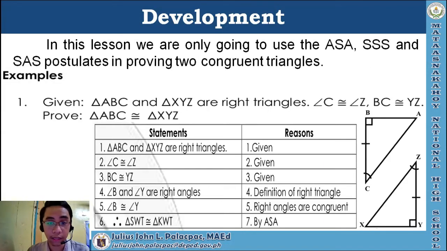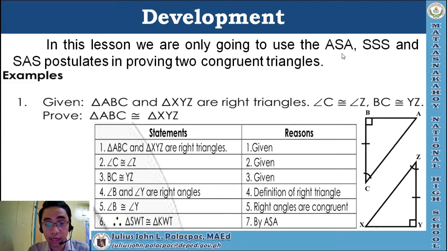So ngayon, titingnan natin yung ASA, SSS, and SAS postulates in proving two congruent triangles. We can say that ASA means angle, side, angle. SSS means side, side, side. And SAS means side, angle, side, congruence postulate.